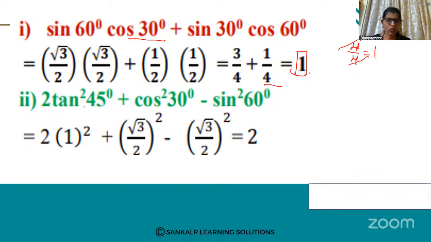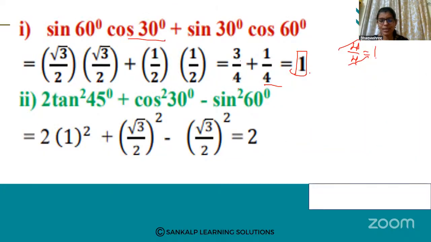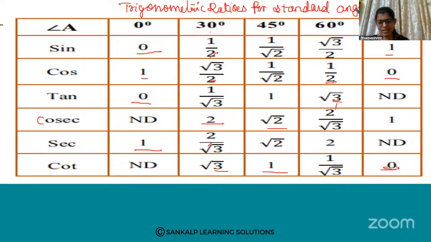Next one, 2 tan square 45 degree plus cos square 30 degree minus sin square 60 degree. 2 into tan square 45. If we know the values, we can solve such types of questions. So for that we need to prepare this chart. We need to make it perfect, right? So tan 45 degree is 1.